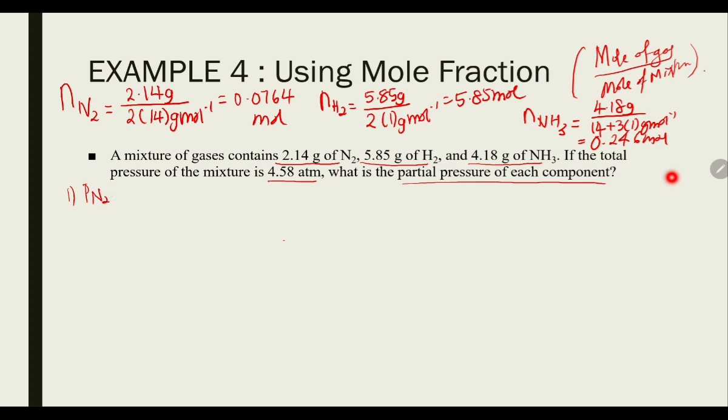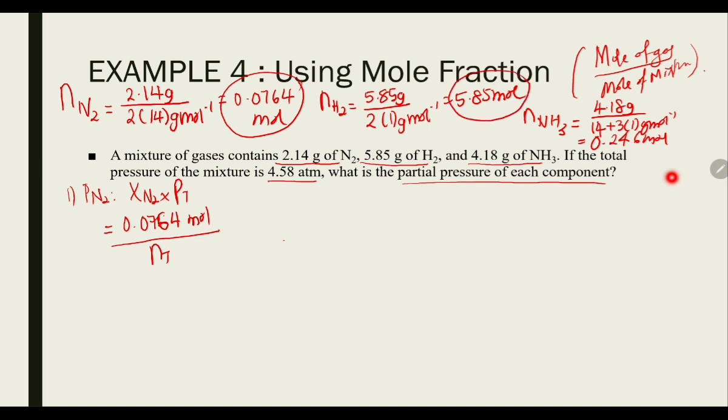Okay, so to use the mole fraction, let's first find the partial pressure of nitrogen, which is equivalent to X N2 times P total. So X N2 is 0.0764 mole divided by N total. N total is the sum of the moles of nitrogen, which is 0.0764, plus the number of moles of hydrogen, and plus the number of moles of ammonia.